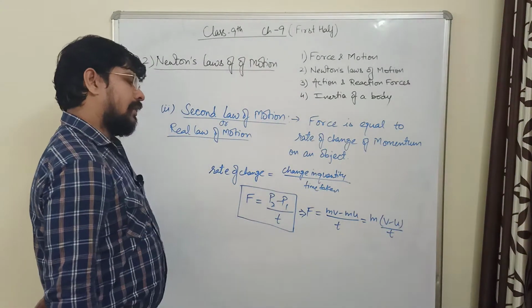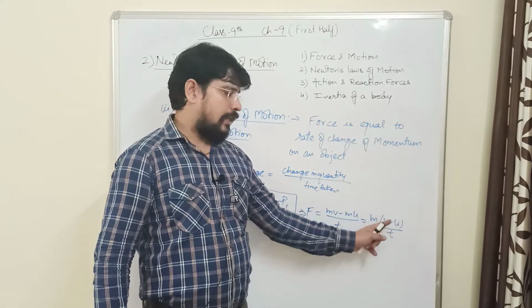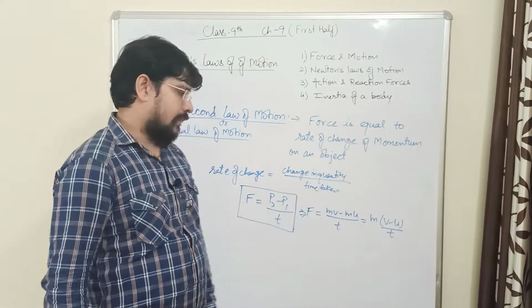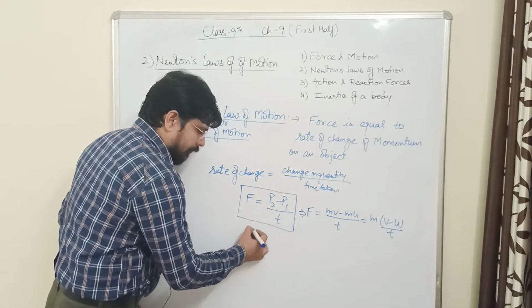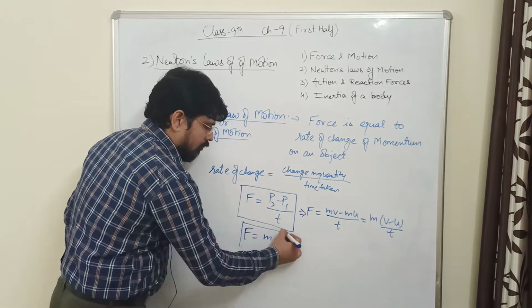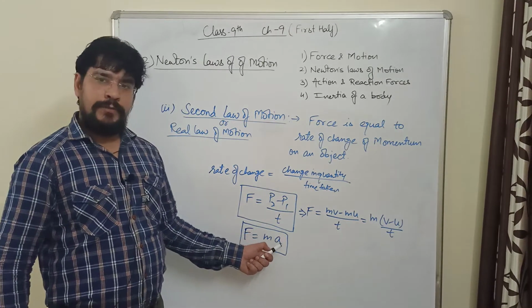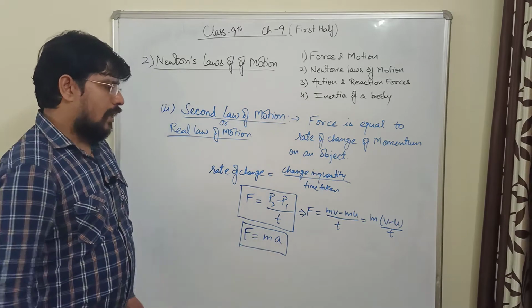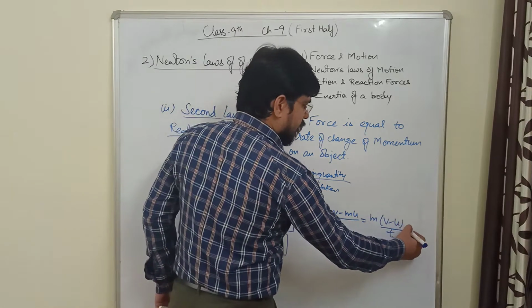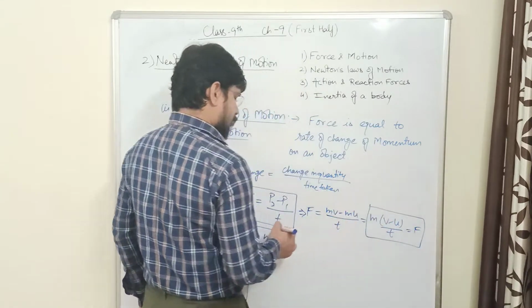And we all know that v minus u divided by t is the rate of change of velocity, which is also known as acceleration. So I can write F is equal to ma. This is also a very famous relation. F is equal to ma, a very common relation, and all these relations represent Newton's second law of motion.